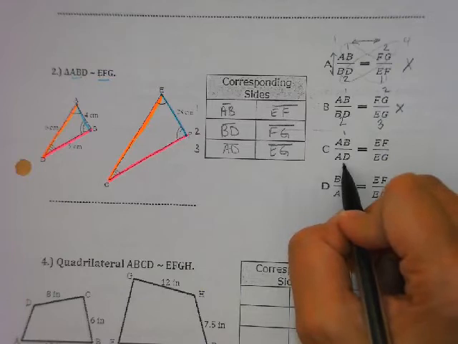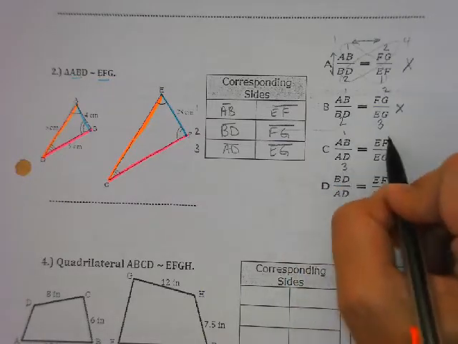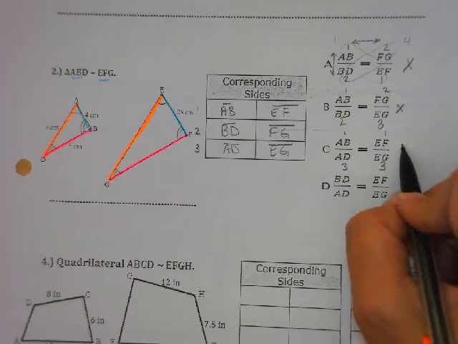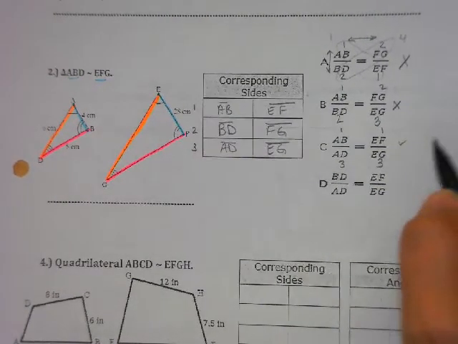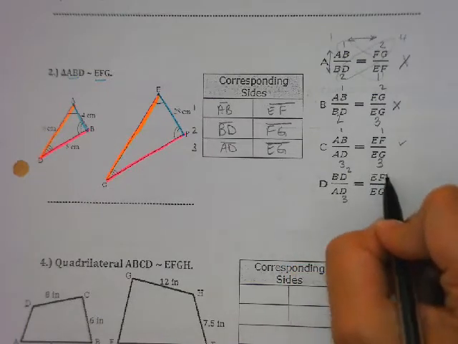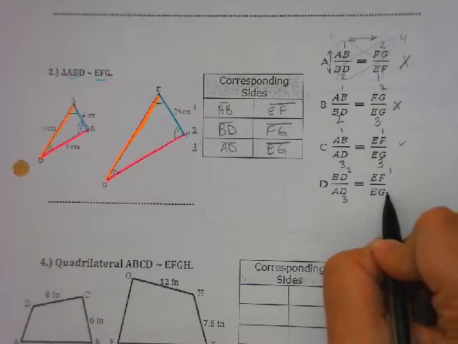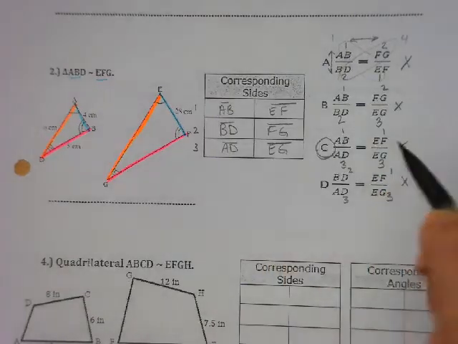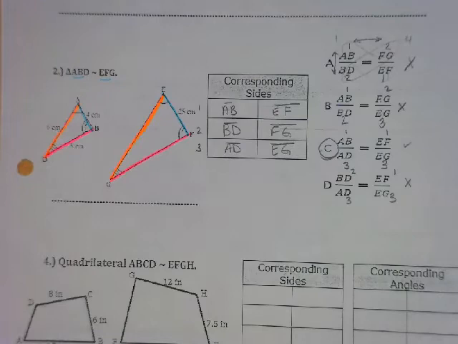AB, AD, so a 1 and a 3, EF, EG. These match, so I'm thinking it's this one, but we'll double check that last one. BD is a 2, and AD is a 3, EF is a 1, EG is a 3. So that one is not going to work. Make sure you're labeling it. Don't go off looking because you're just going to confuse yourself.